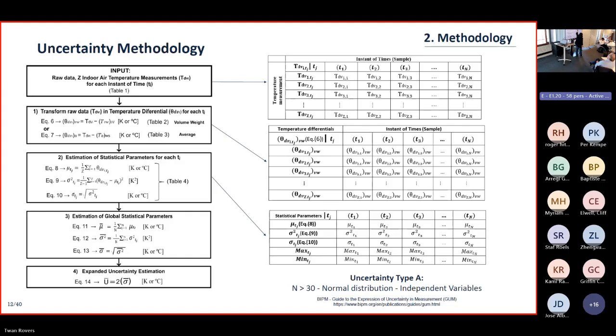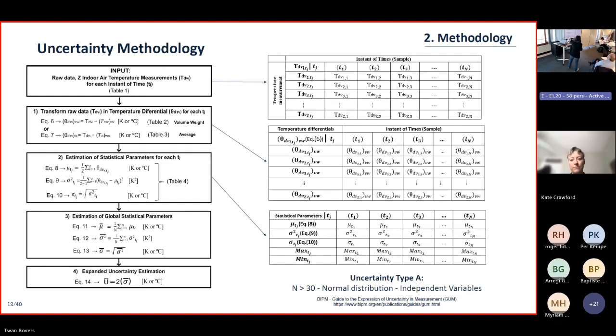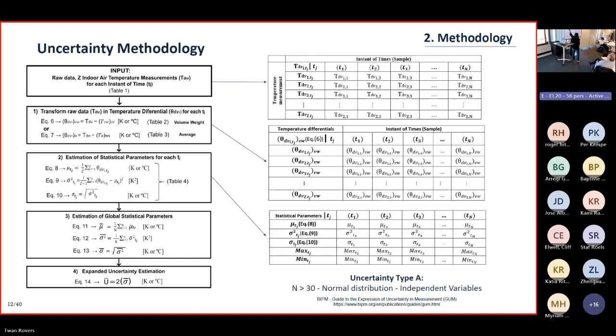So we estimate the average temperature at each instant of time, and we did relative estimations with respect to the true real value. What is the true real value in our case? The average temperature, or the real temperature, that we have in the thermal zone.